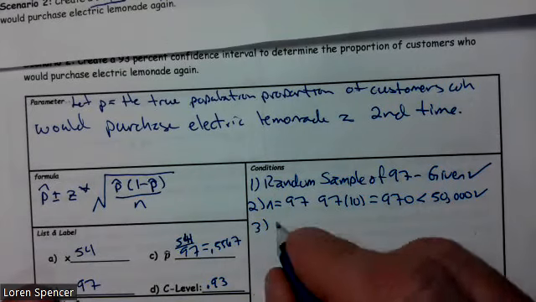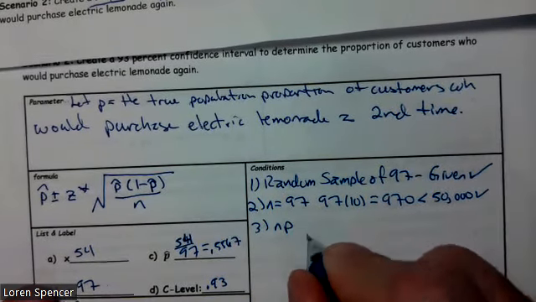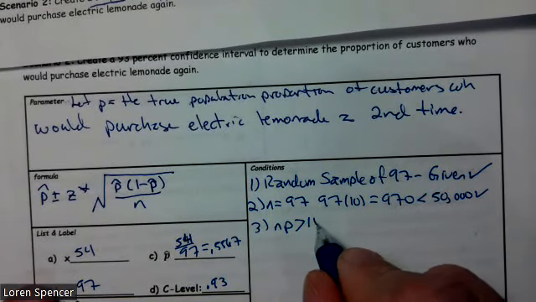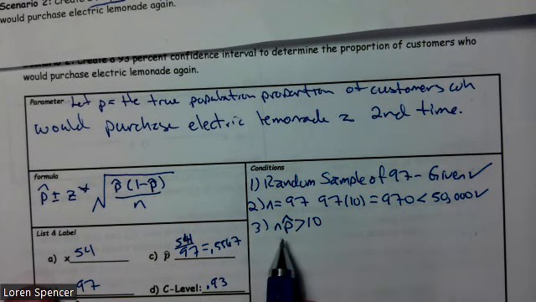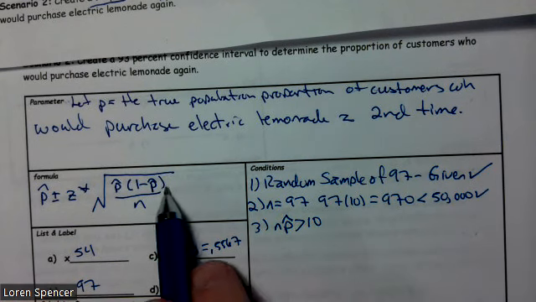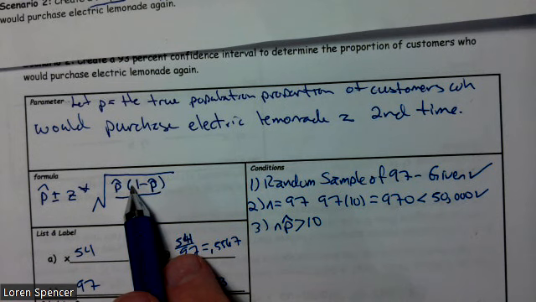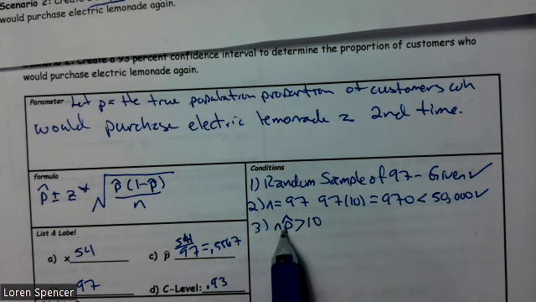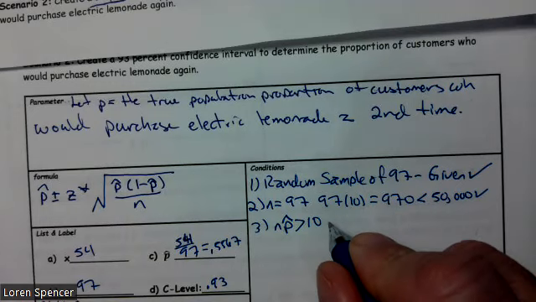Number 3, n p has to be greater than 10. But in this case it's n p hat, because that's what's here. With the hypothesis test, it's n p. With the confidence interval, it's n p hat. Be careful about that.